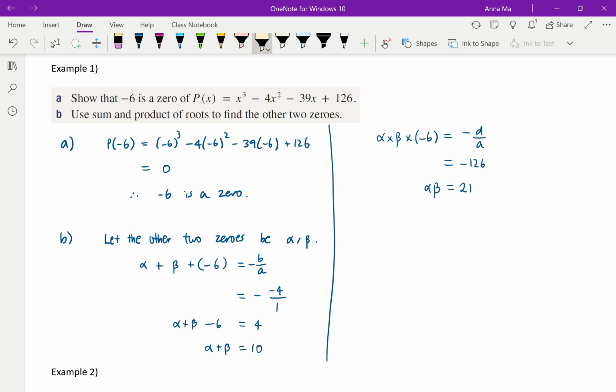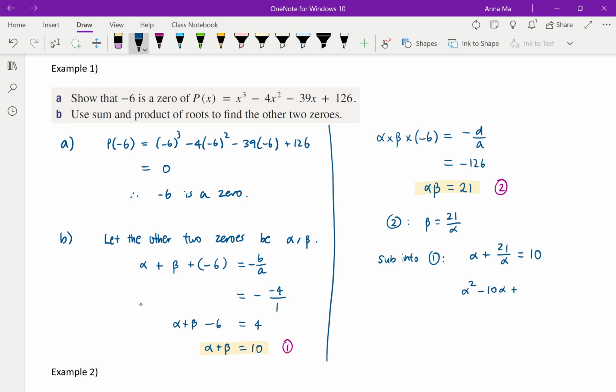And see how we get two simple equations in terms of alpha and beta? We can use them to find the other two zeros. So I can say 1, 2. I can rearrange 2 as 21 on alpha. Sub into 1. Then you get alpha plus 21 on alpha is equal to 10.